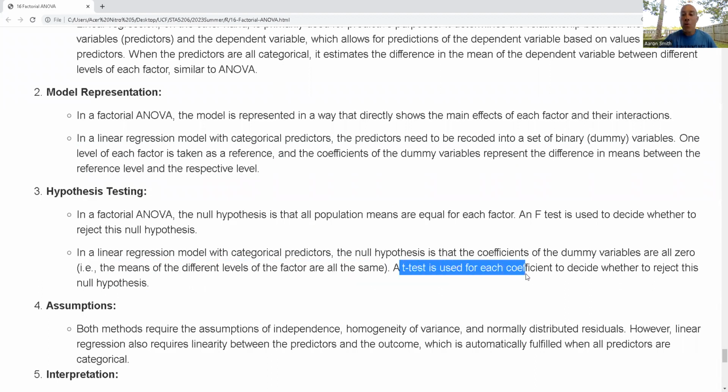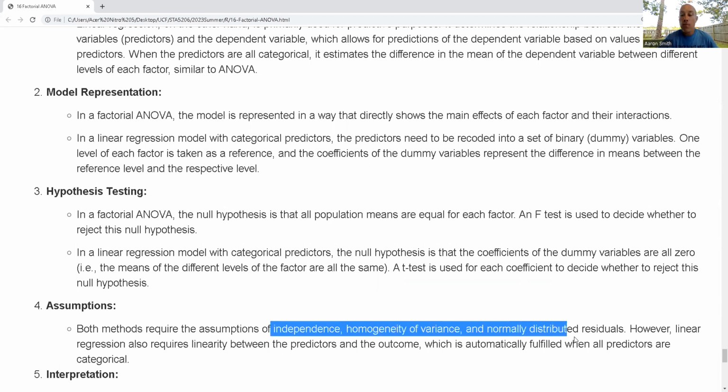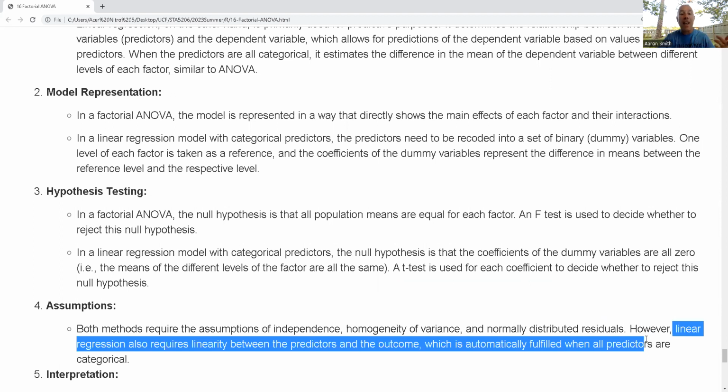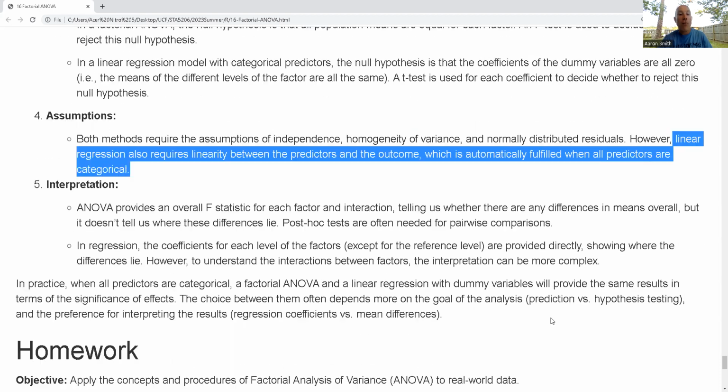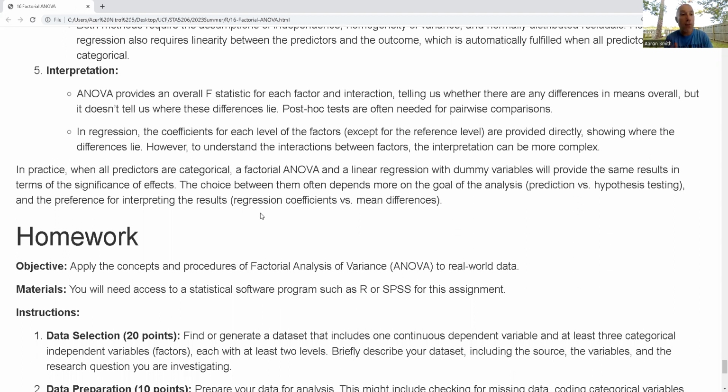A t-test is used for each coefficient to decide whether to reject this null hypothesis. Now, for assumptions, both methods require the assumptions of independence, homogeneity of variances, and normally distributed residuals. However, linear regression also requires linearity between the predictors and the outcome, which is automatically fulfilled when all predictors are categorical.